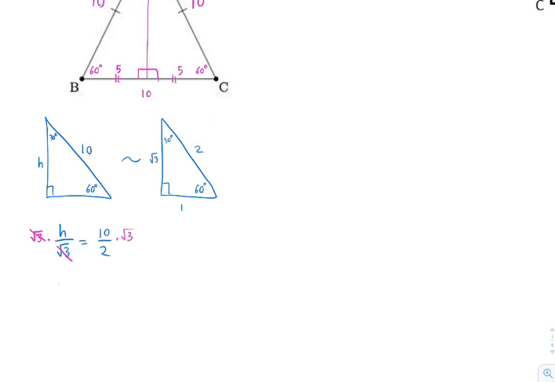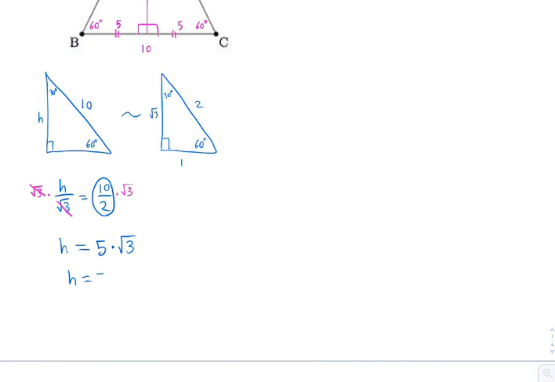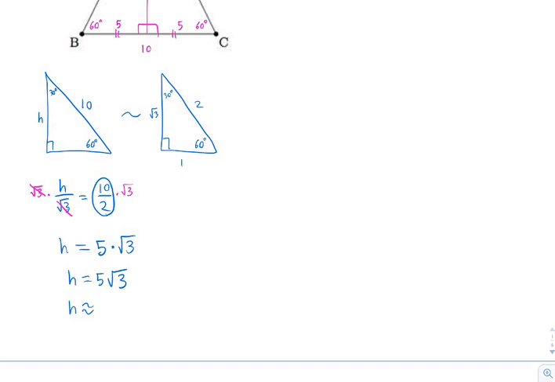H by itself is equal to 10 divided by 2, which is 5 times root 3. So H is exactly 5 root 3, or H is approximately, and off to the side here, 5 times square root of 3, which is 8.66.